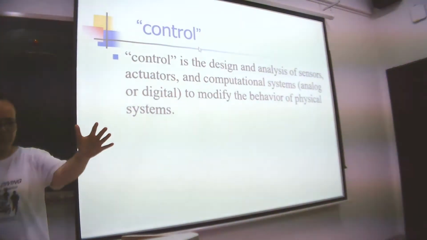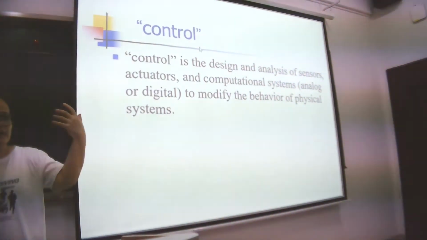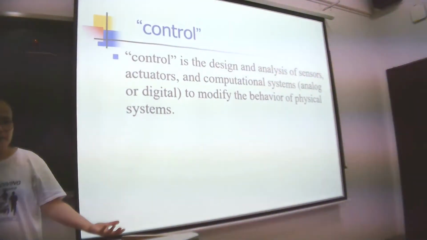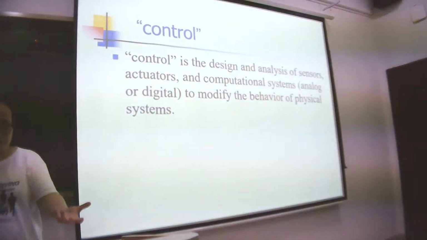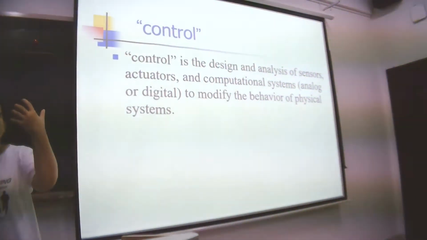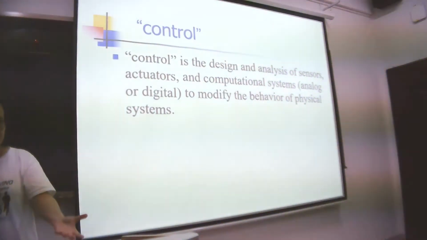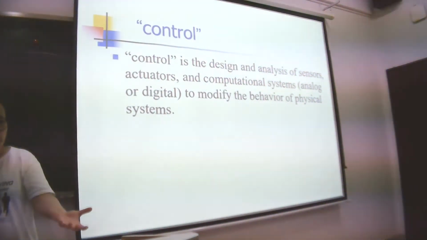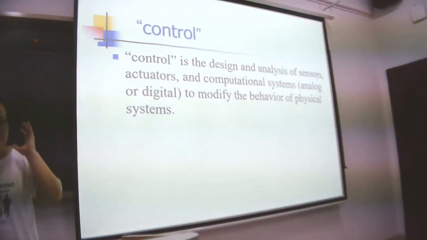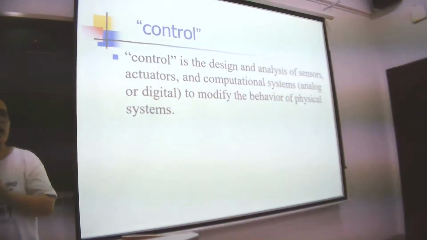Control should change, modify, and make some difference to the behavior, to make the output of the system what we want, what we expect. So control is the spirit, the soul of this class.